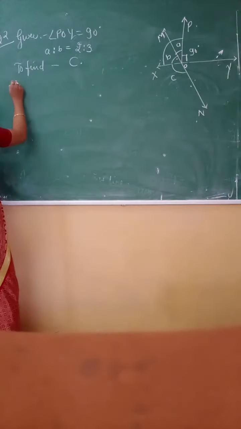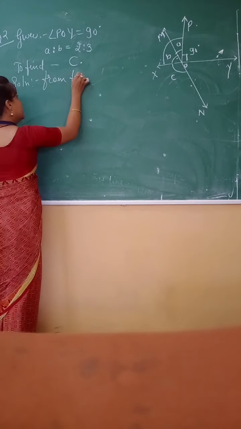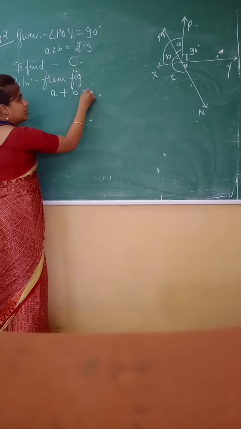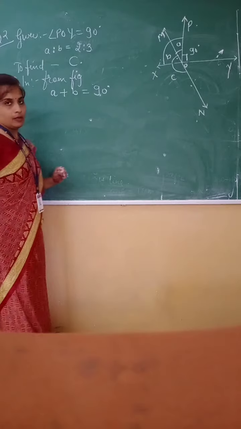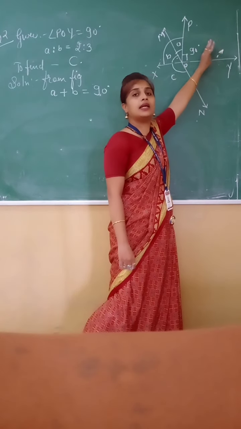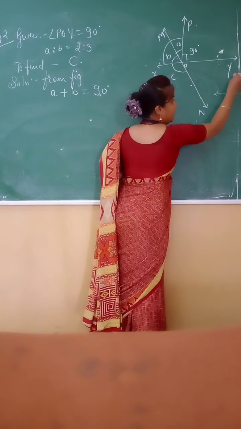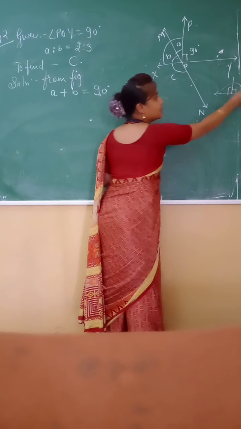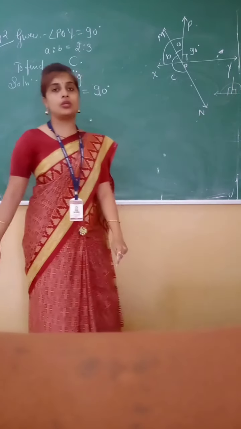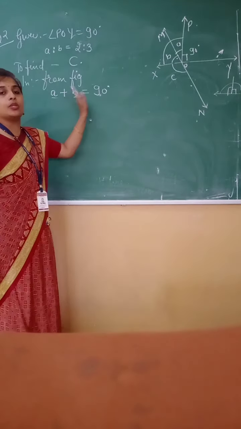From the figure, we can say that angle A plus angle B is equal to 90 degrees because the other part is 90 degrees. अगर लाइन का एक part 90 degree का है तो दूसरा part भी 90 degree का होगा because the angle totally forms 180 degrees. 180 में से अगर एक एंगल 90 डिग्री का है तो other angle will also be equal to 90 degrees. So here A plus B is equal to 90 degrees.